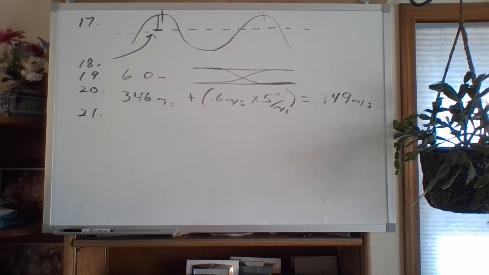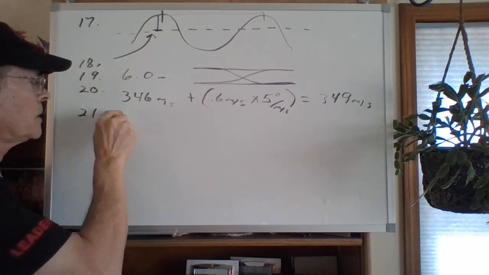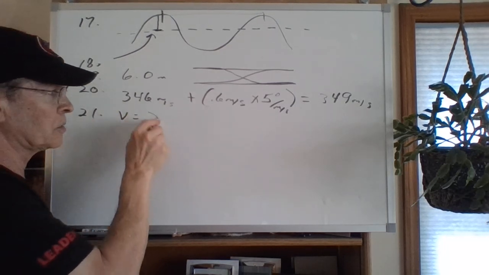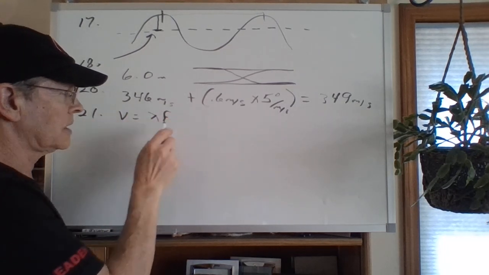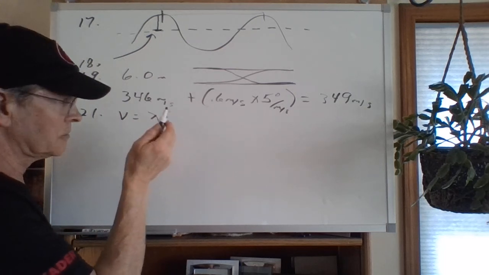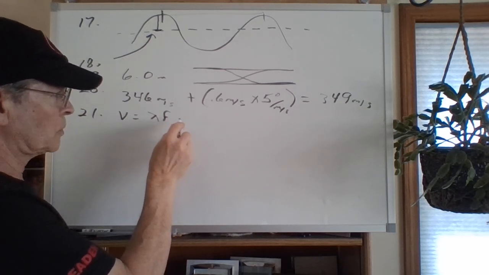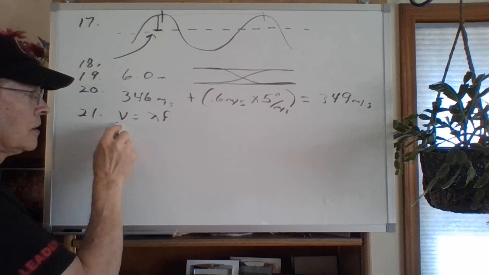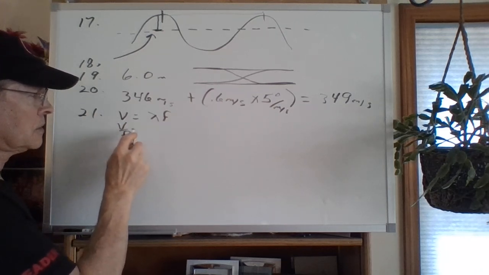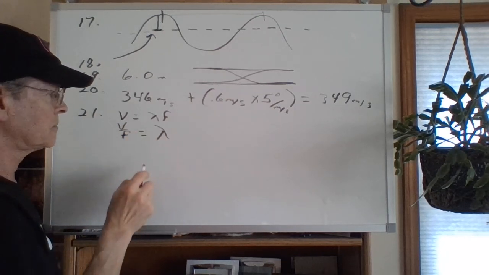Number 21. If the sound is traveling 330 meters per second and the frequency is 3,300 hertz, the wavelength is? Well, the simple relationship between wavelength and frequency is that lambda times f is v, velocity. We want to solve for lambda. V divided by f is the wavelength then.